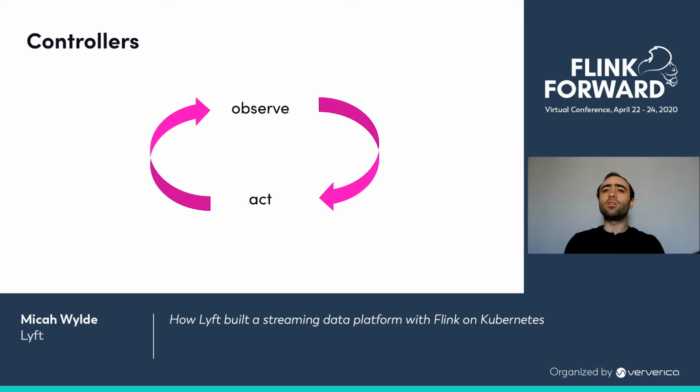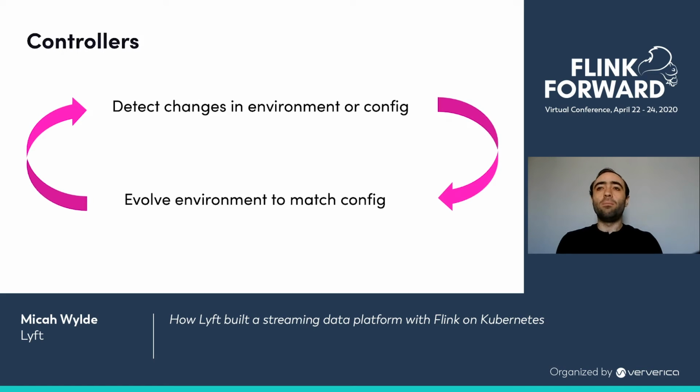And then these controllers are pieces of software that basically execute this basic control loop, where on each iteration, you first observe the environment, observe your configuration, and then act to bring the environment in concordance with your configuration. So if I want a new cluster resource, I'll create a new configuration for that cluster resource.